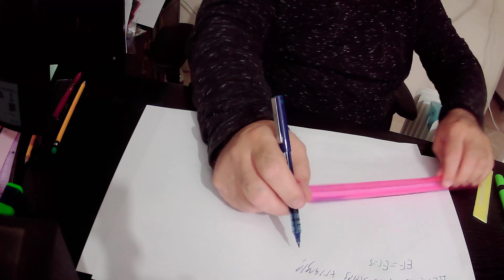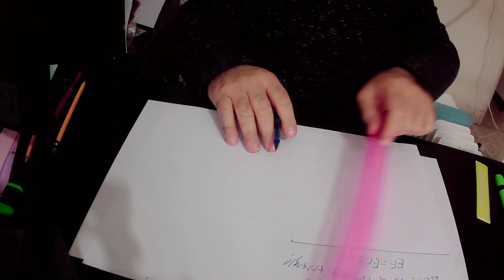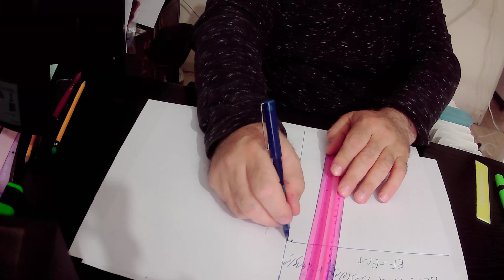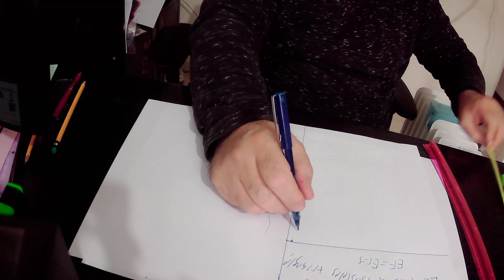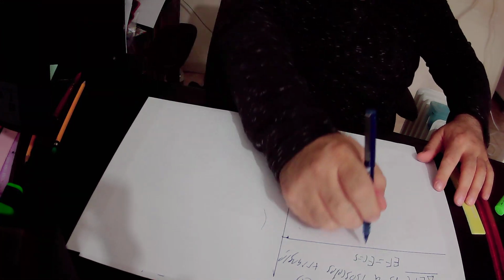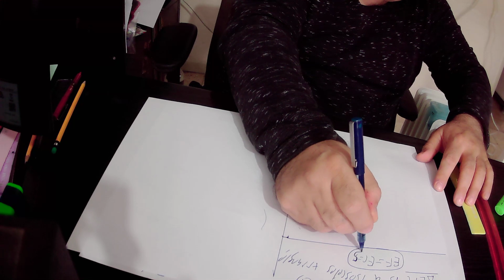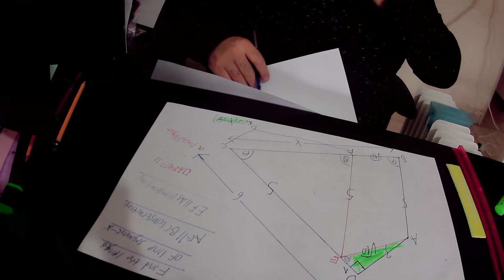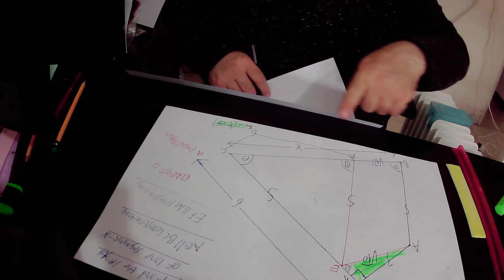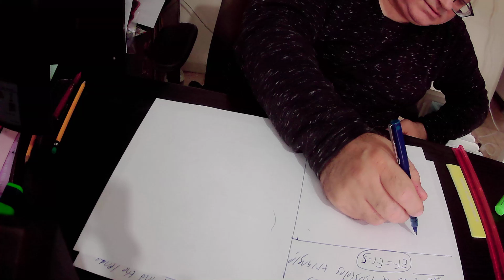For that reason, triangle EFC is an isosceles triangle and FC is the base of the isosceles triangle, triangle EFC.